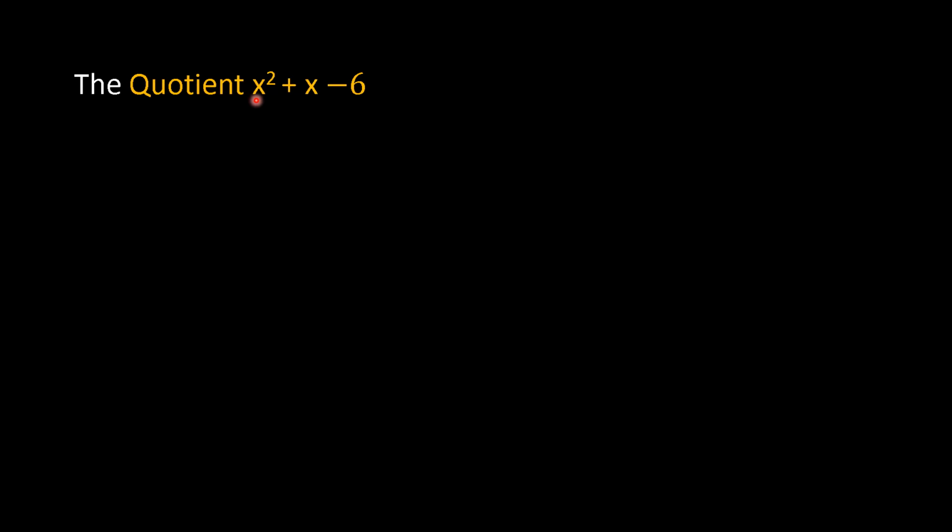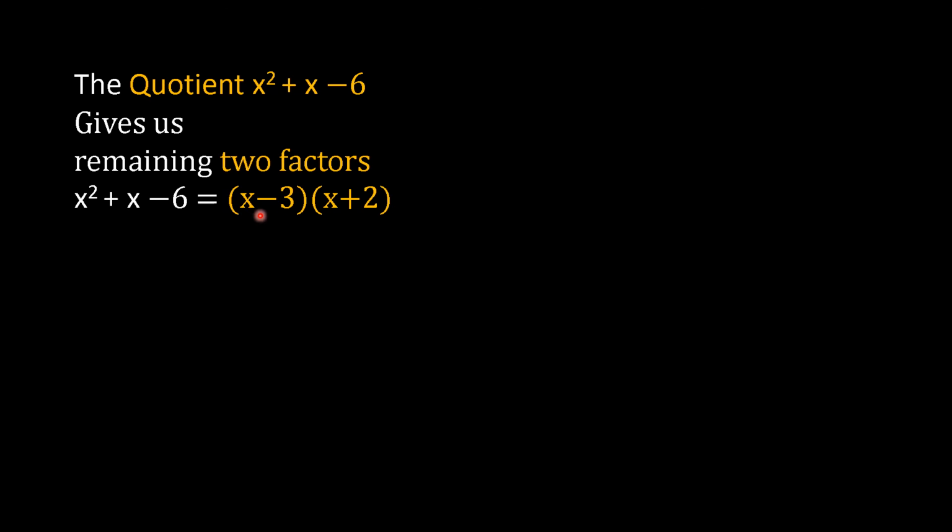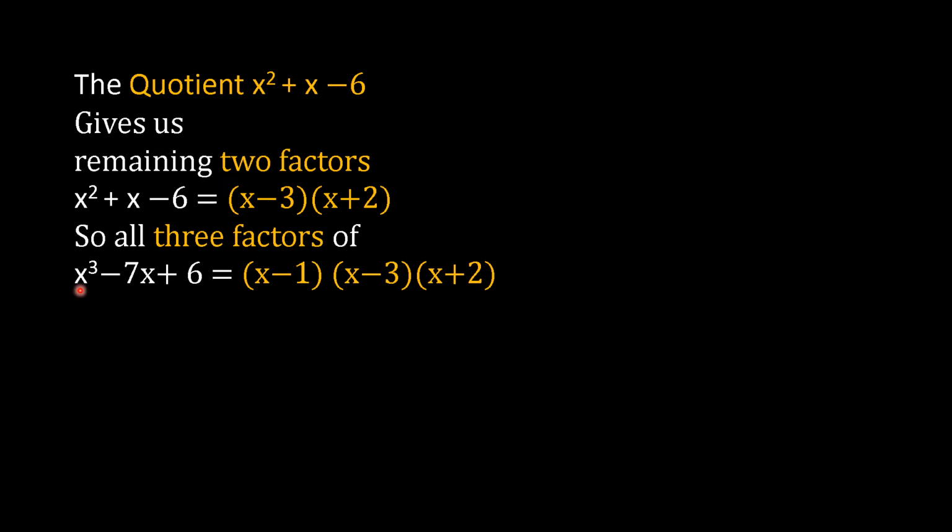The quotient x squared plus x minus 6 gives us the two remaining factors, x minus 3 and x plus 2. So all the three factors of the cubic polynomial x cubed minus 7x plus 6 are x minus 1, which we have already found out, and these two factors x minus 3 and x plus 2.